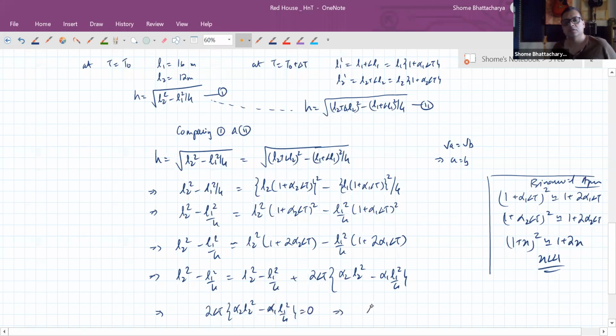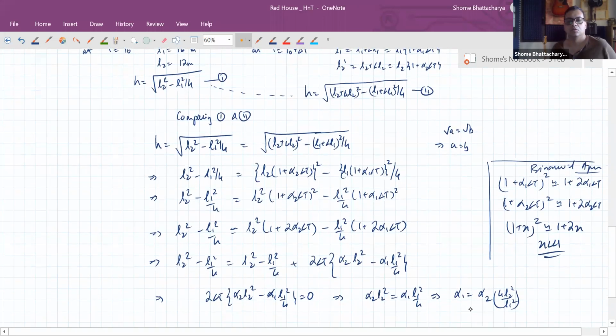It will tell you that this should be the case. So now we can substitute the values and find out alpha 1.